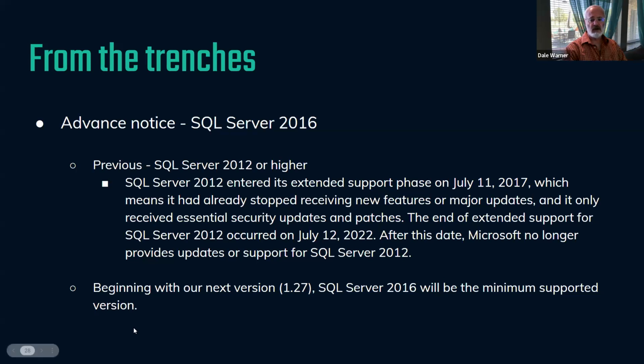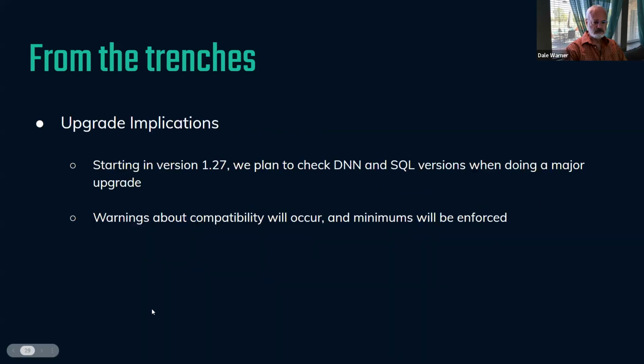It's no longer getting updates or support from Microsoft. So it's time for us to raise our minimums, and our new minimum is going to be SQL Server 2016. That recommendation and minimum is going to change when we release version 127, which should be out in the next month or two.